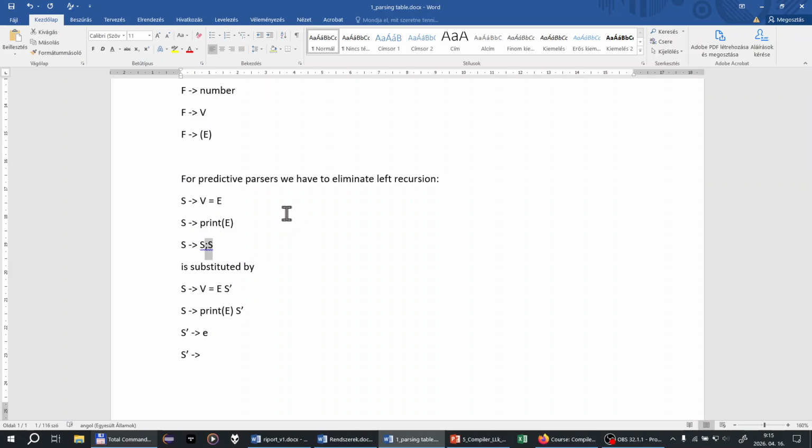So it is like S to S and S prime. So this is the repeated part, and these are the expressions with no recursion.